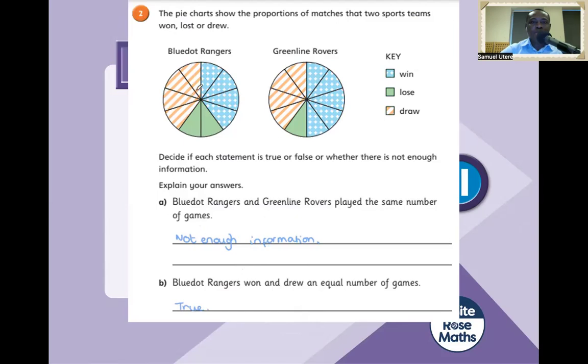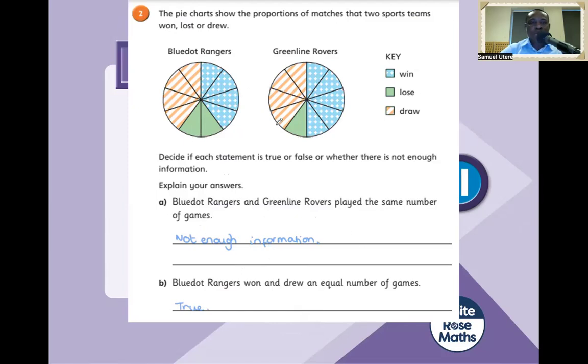It doesn't tell us the number that each part of the pie chart represents unless we're told the total number of items or things that the pie chart is representing, or we're told the number that a portion of the pie chart represents.